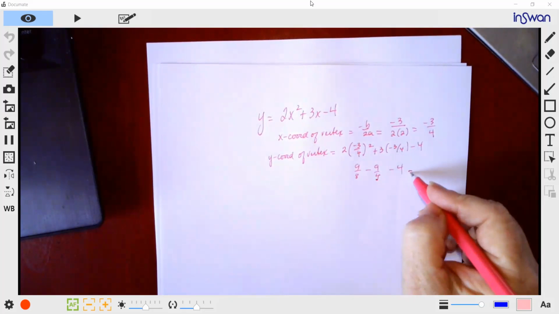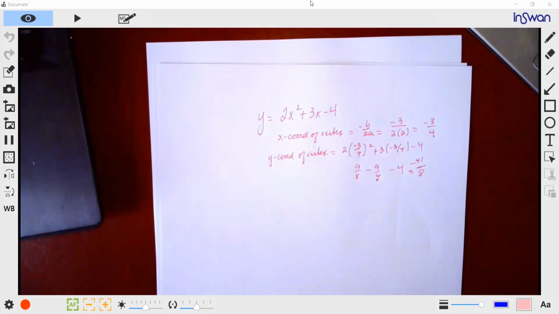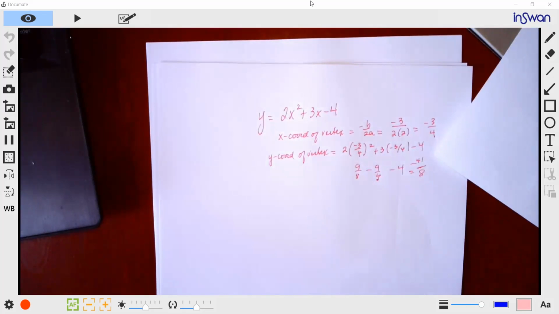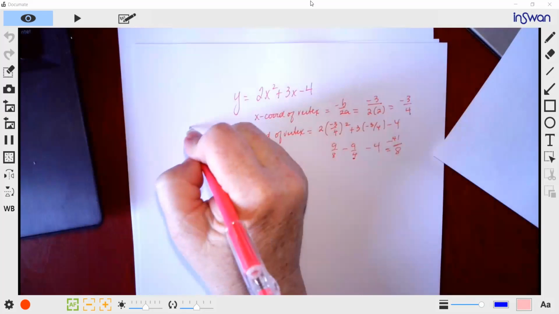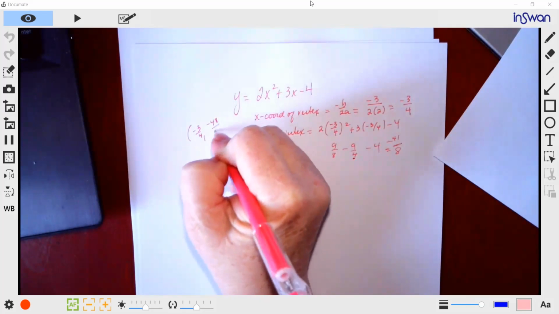Negative 5 and an 8. Let me double check my arithmetic real quick. Yeah, that's what I get the second time around. So my vertex here is negative 3/4, negative 41/8.